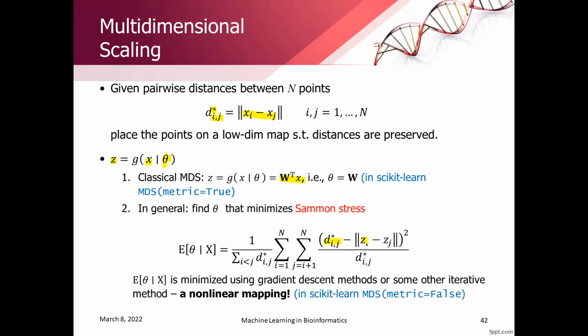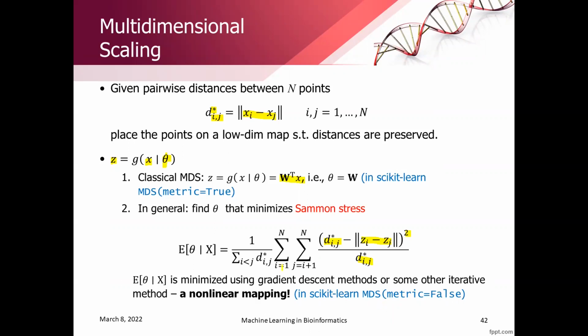This is the distance between the mapped versions of these two observations. The difference between these two distances is squared and normalized, divided by the original distance, and we sum all these differences between the distances in the original space and in the second space in which we map the data.